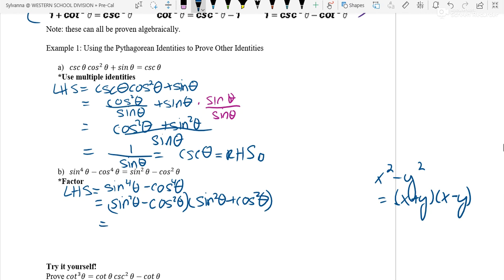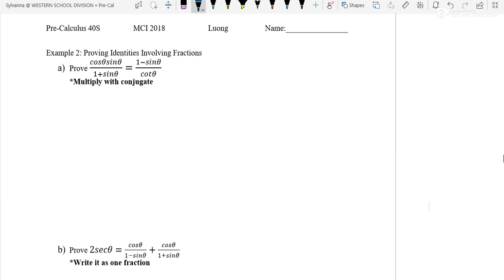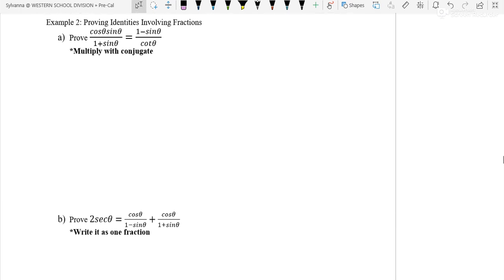So I can replace that with 1. And then, you know what, that's my right-hand side. And then I'm done. So those ones aren't too bad. We're going to leave the try it yourself, and we're going to go straight to example 2 on the next page.